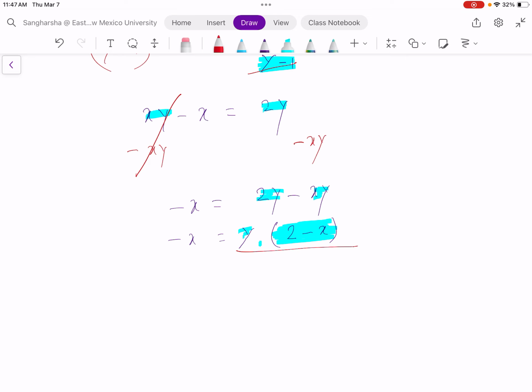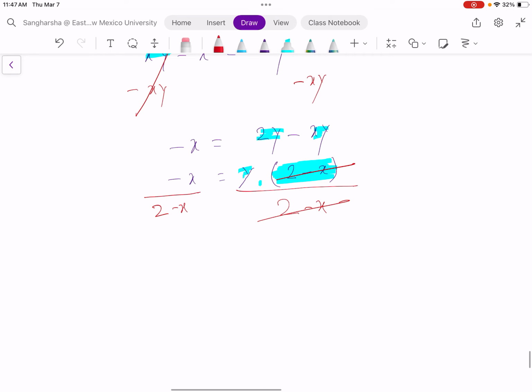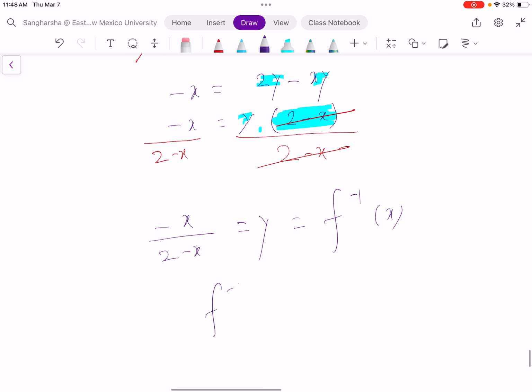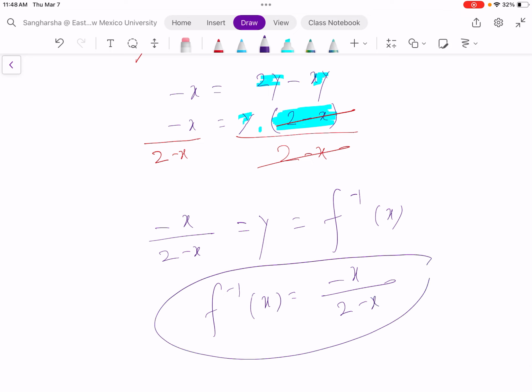So this 2 minus x cancels. So we have negative x over 2 minus x equals y. Now our y is the f inverse x function. So f inverse x is negative x over 2 minus x. So this is the inverse function.